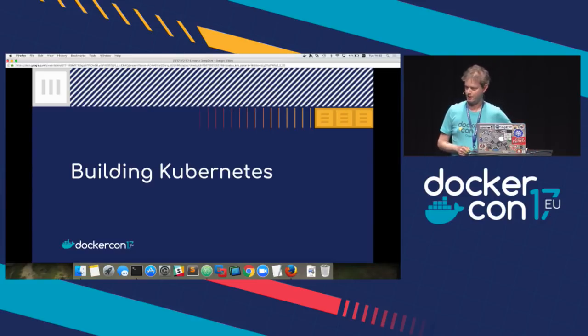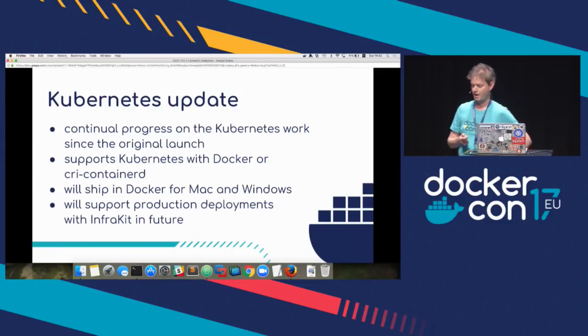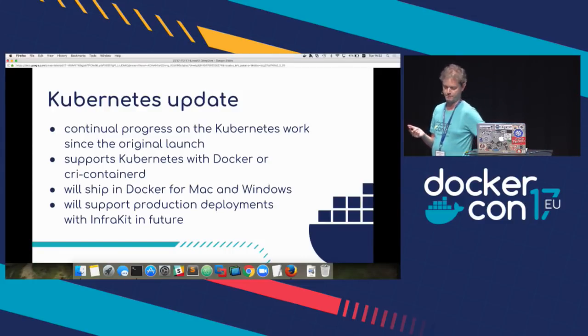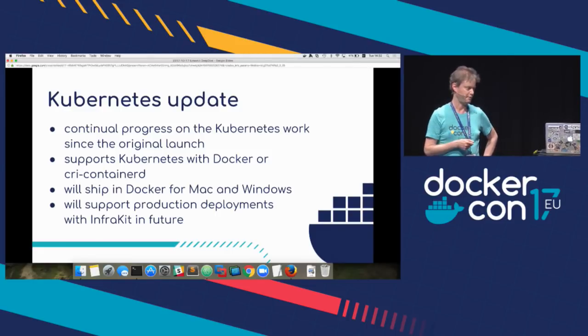I'm also going to talk to you very briefly about building Kubernetes, which we built for Docker for Mac in particular, but also for other uses. We've been working on this since before the last DockerCon, particularly with the help of Ilya from Weave.